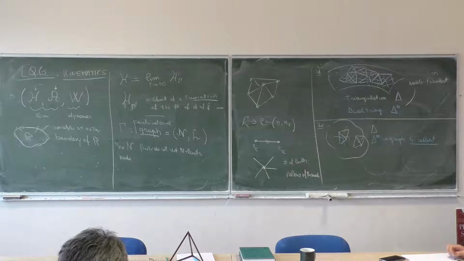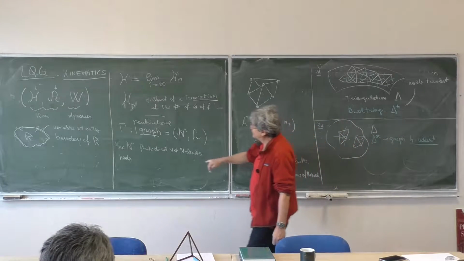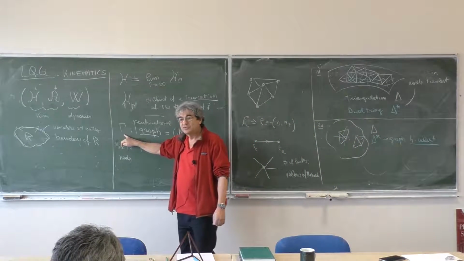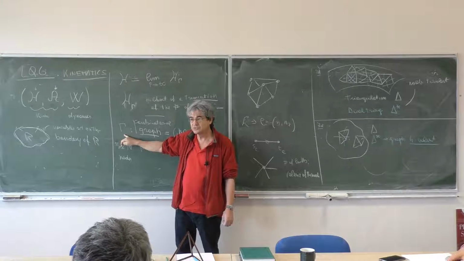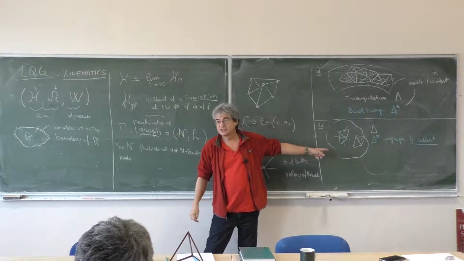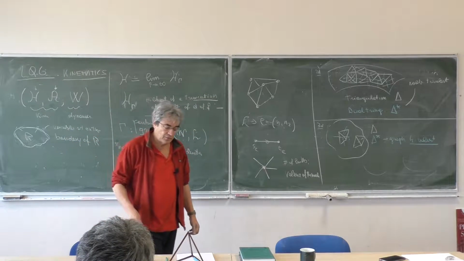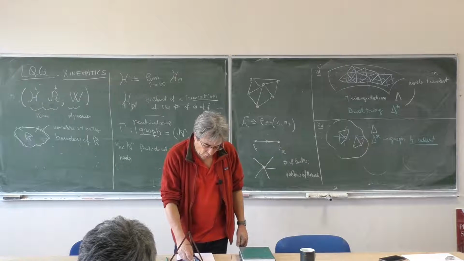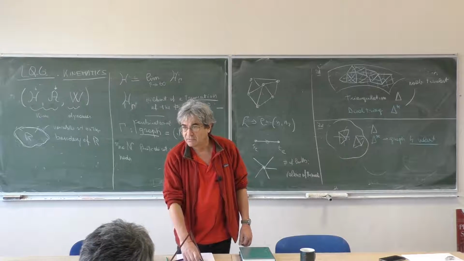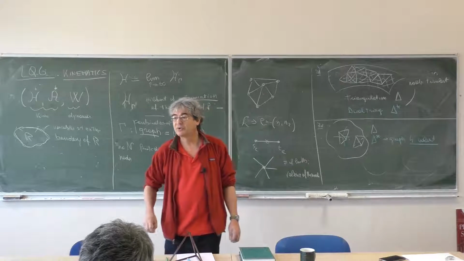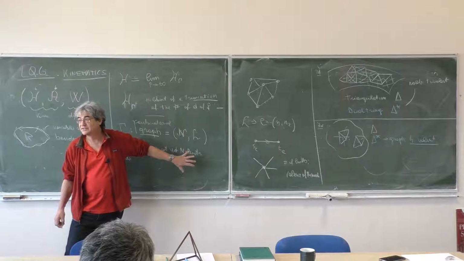Okay. We are going to be interested in graphs which are dual of triangulations, a subclass which is dual to 3-dimensional triangulations. And most of the time, loop quantum gravity is defined on this set of graphs, but not necessarily.